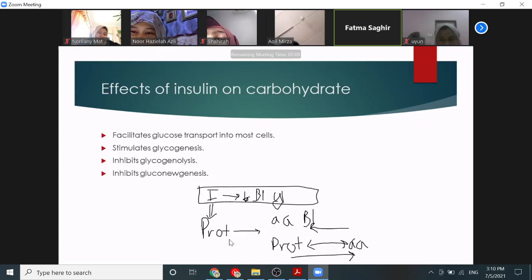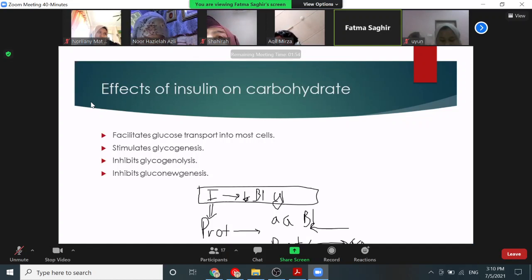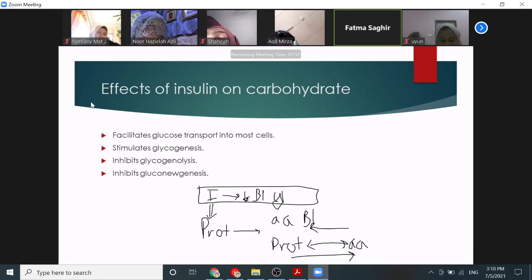Then what will happen? If insulin promotes uptake of amino acids by the cells, those cells will use amino acids to produce protein. So what else? We have to inhibit something else. Do you think we need to inhibit protein degradation, breakdown of protein, or not?